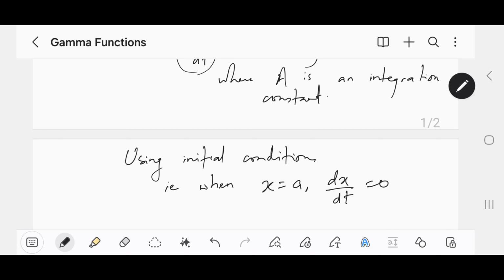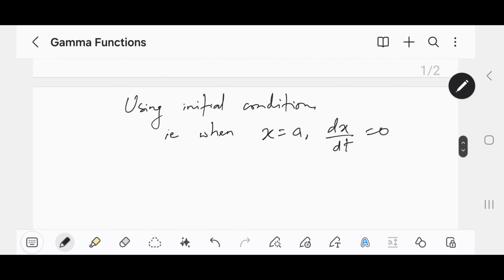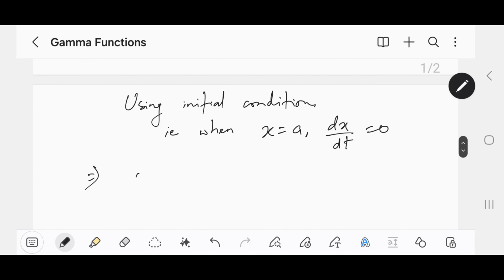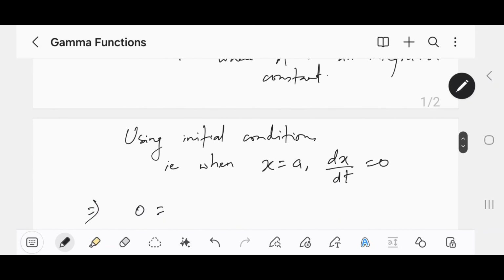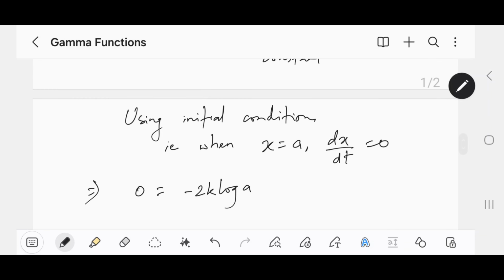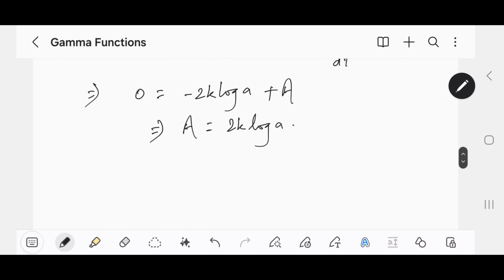So using this condition in the above expression to get the value of the integration constant, from this equation (dx by dt) square, that is 0, equals minus 2k log a plus A. That implies A has the value of 2k log a. We got the integration constant also.